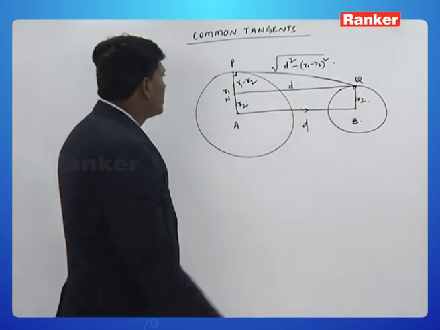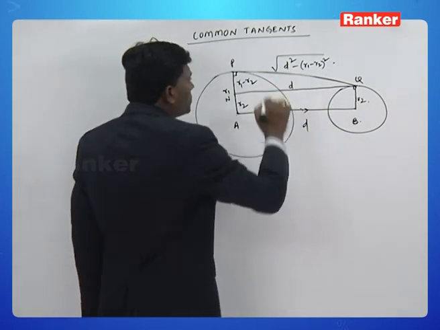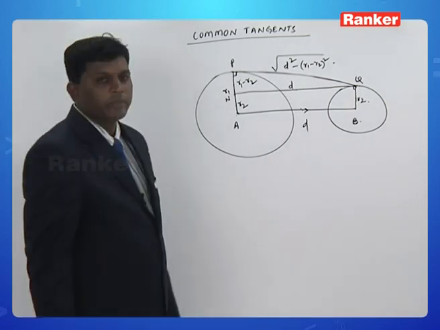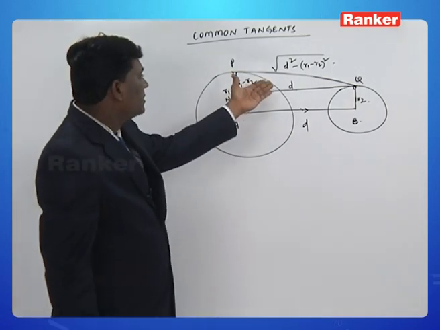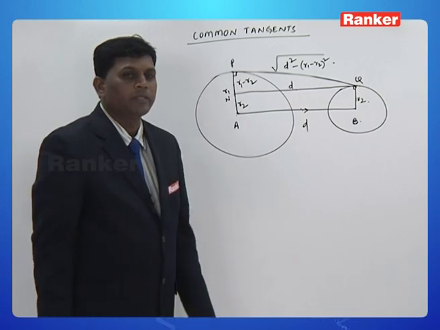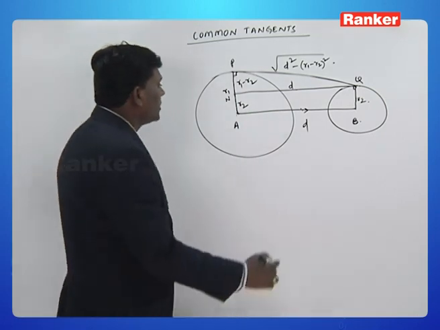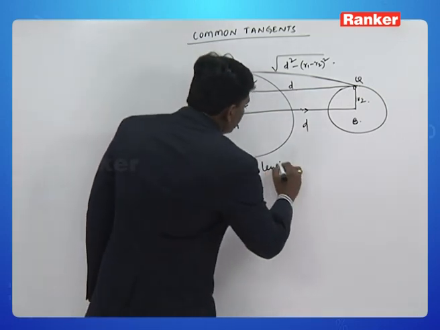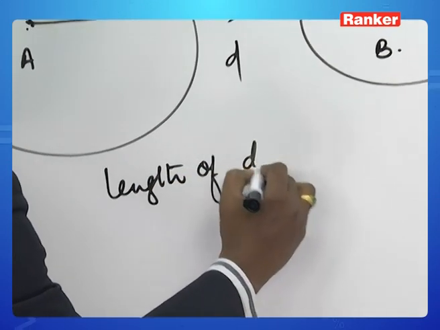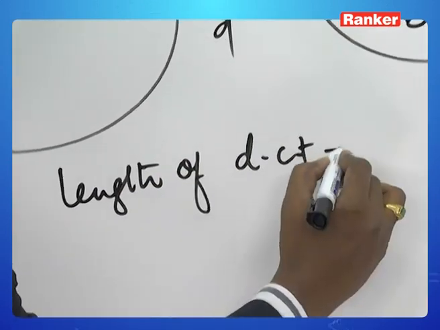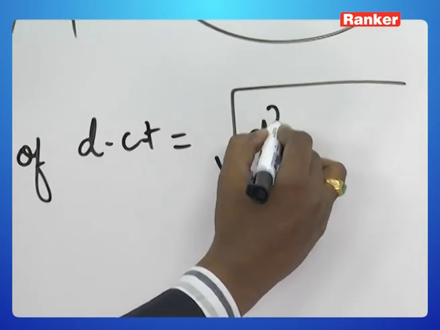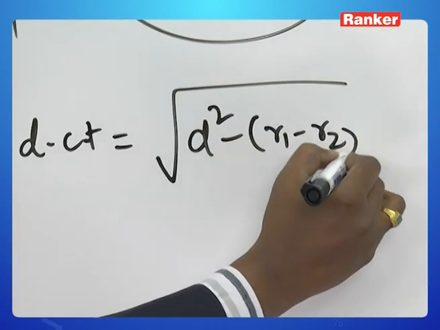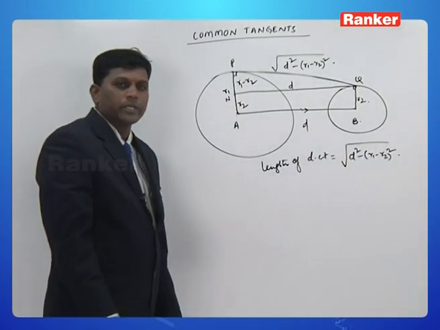Each one's length is under root D square minus R1 minus R2 whole square. We can show it very comfortably as shown just now. So the length of the direct common tangent equals under root D square minus R1 minus R2 whole square.